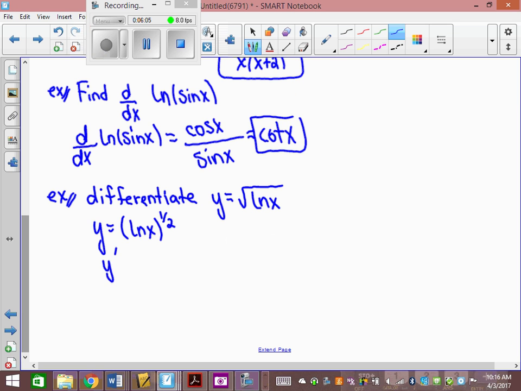Yep. So we're going to take the half and drop it in front, and rewrite the power as -1/2. What haven't we done yet? The derivative of the ln x. What's the derivative of ln x? 1/x.